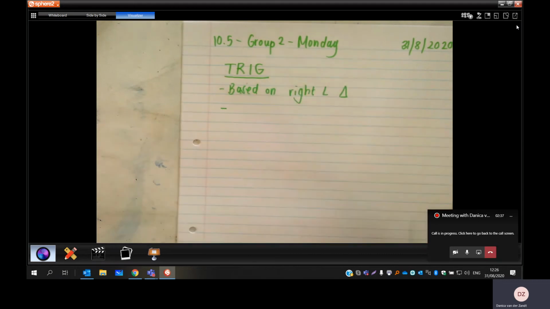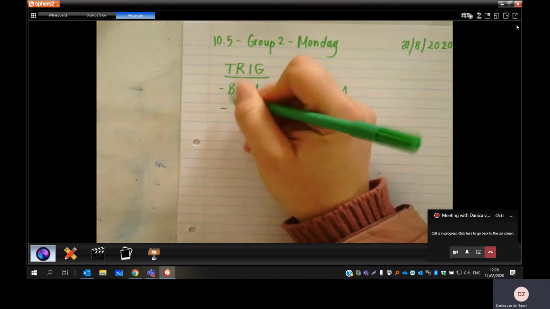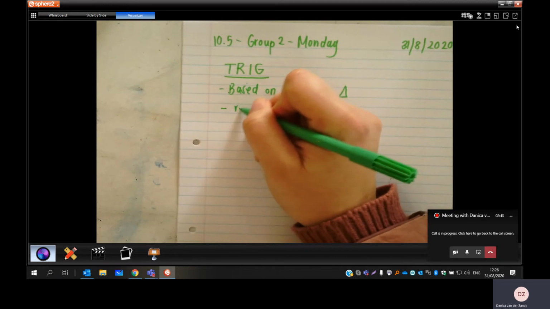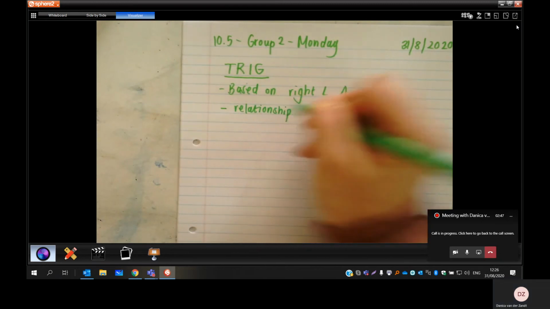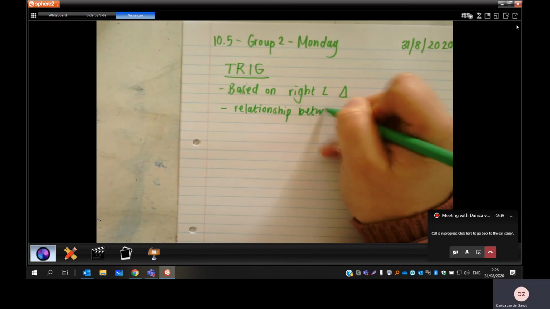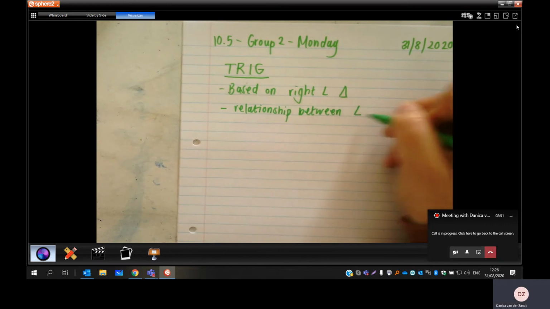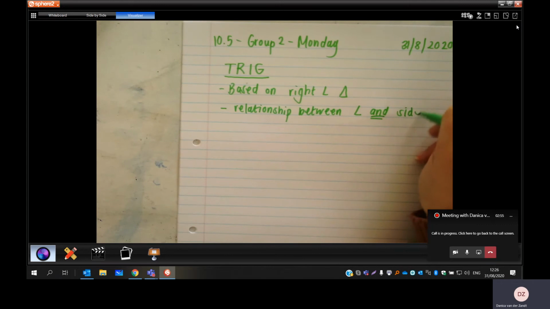And now, unlike Pythagoras, we have a relationship between the angles and the lengths of sides. So Pythagoras was just sides, but in trigonometry, we can do angles and sides in the same calculation.